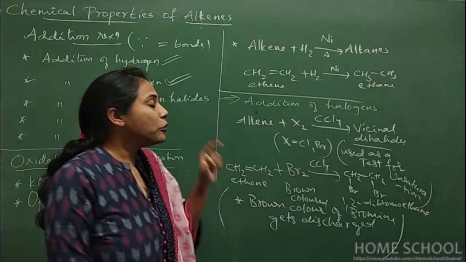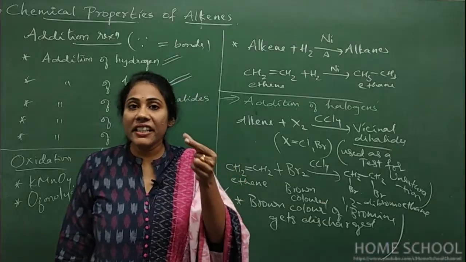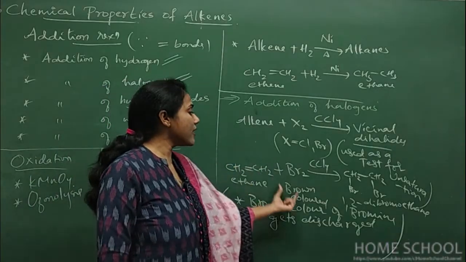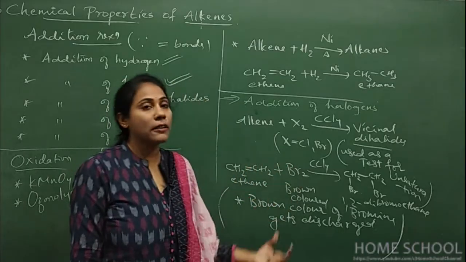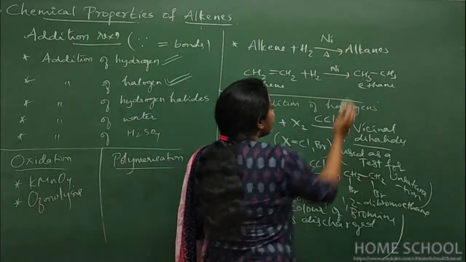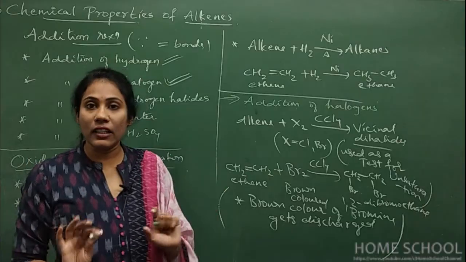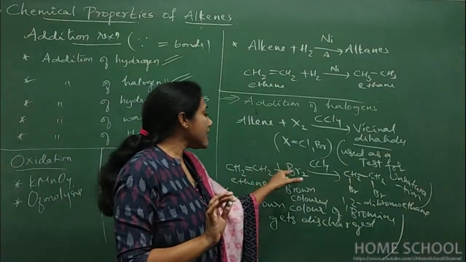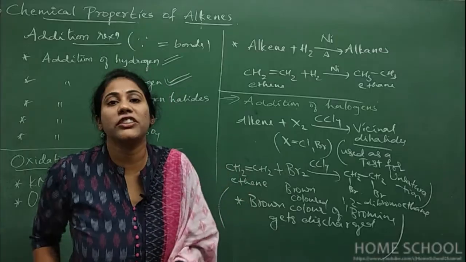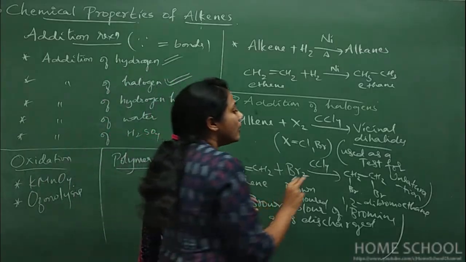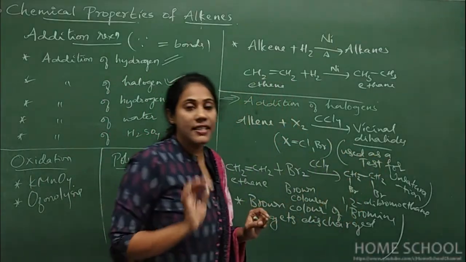How do you differentiate between alkene and alkane? You can always give this reaction. If it is an alkene, this reaction occurs. If it is an alkane, this reaction will never occur. When this reaction happens, the brown color of bromine gets discharged. That is the reason it is used as a test for unsaturation.